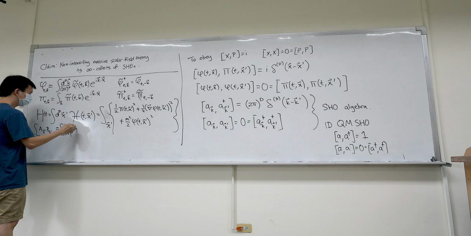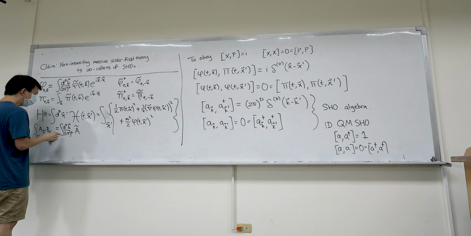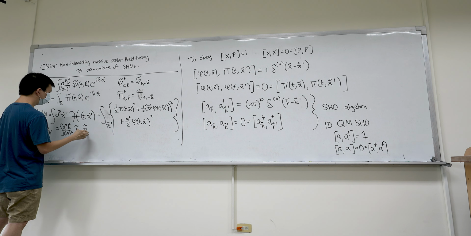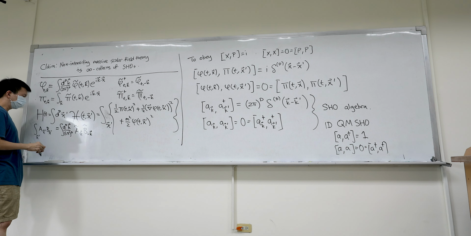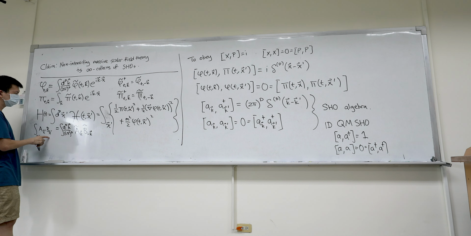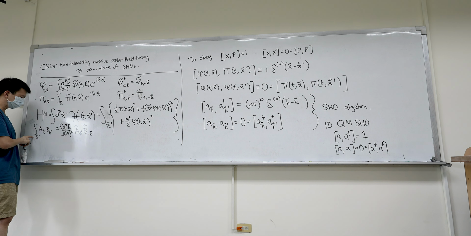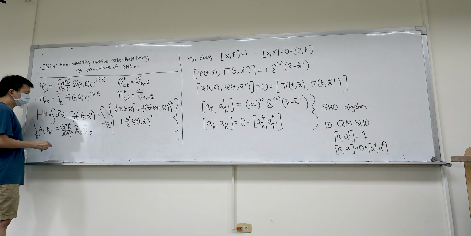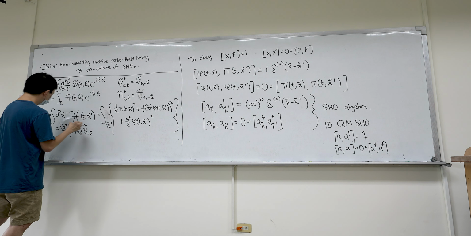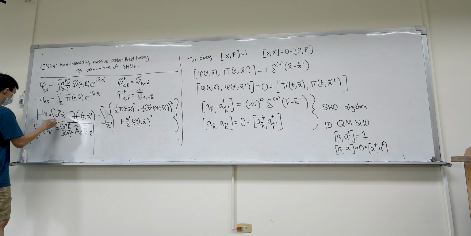And then you simply replace a with a tilde of k and b tilde of minus k. This is just a fact that I have to write down, and you can derive it for yourself. Just insert your Fourier transforms, then you will have these plane waves that you integrate over with respect to x, and that will give you a delta function in k. And that's what will give you k and minus k here.